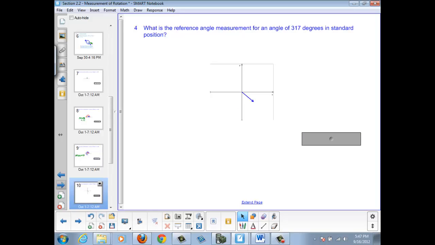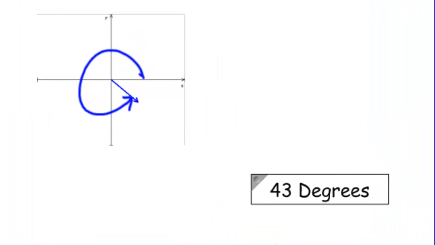Finally, what's the reference angle measurement for an angle of 317 degrees? So our initial angle here, 317 degrees. I'll pause. Hopefully you got 43 degrees. We'll draw the reference angle.